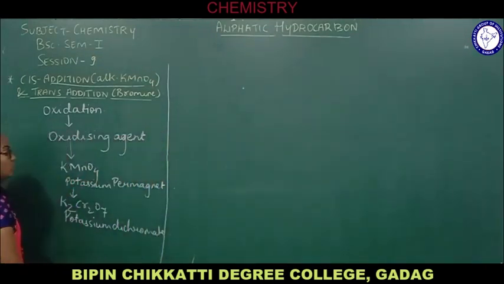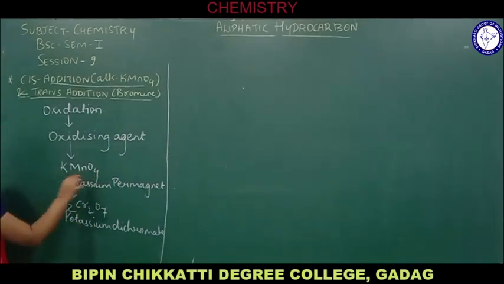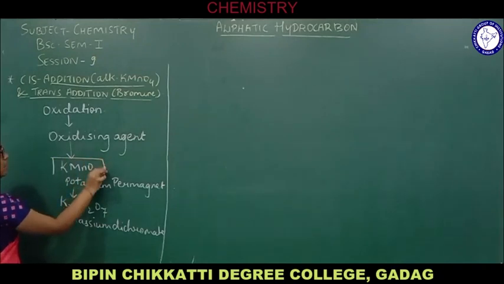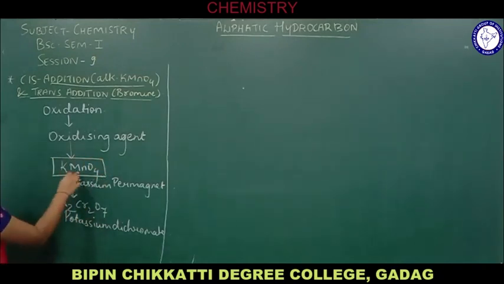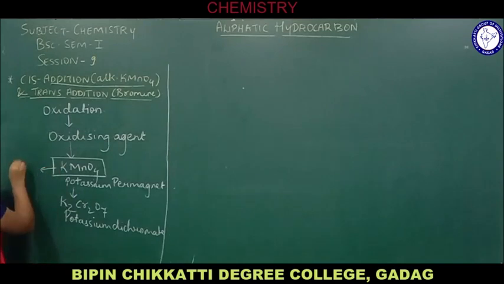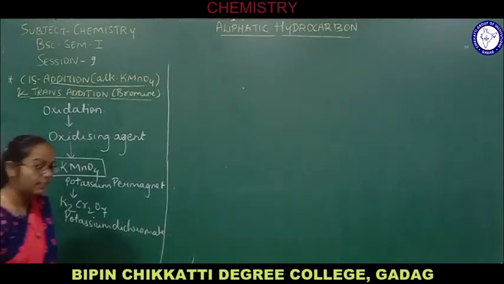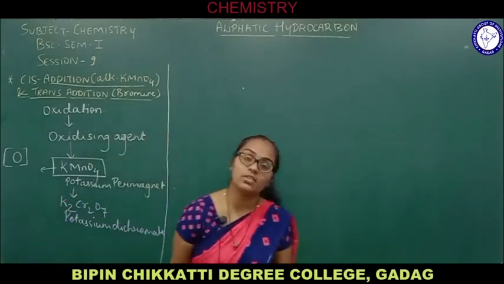Now of the oxidizing agents written on the board, we are going to utilize potassium permanganate over here. This potassium permanganate has a tendency to produce oxygen, and the oxygen is produced in the nascent form. So why are we utilizing the oxidizing agent?